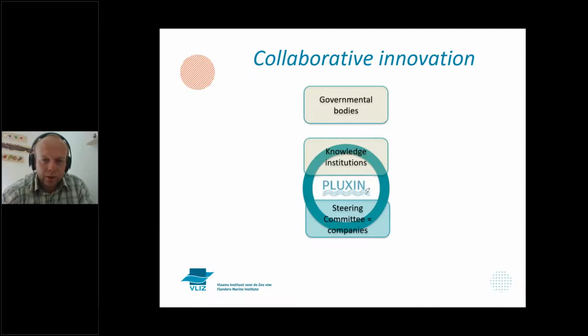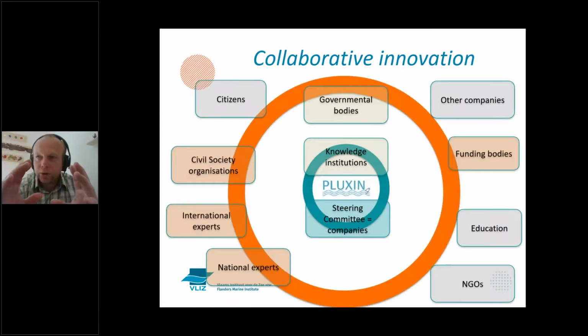So that's the inner circle of Vliz, but then there's also an outer circle of Vliz where there are other advisory boards. In these advisory boards, we have scientific advisory boards. There we have national and international experts that assess to what extent we are working according to the state of the art, and that we try to advance this state of the art.